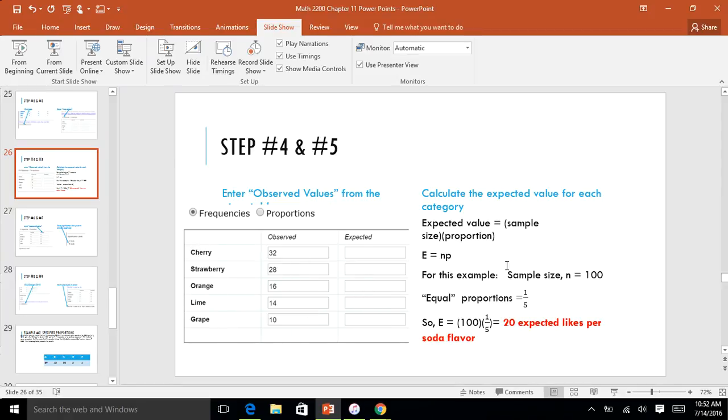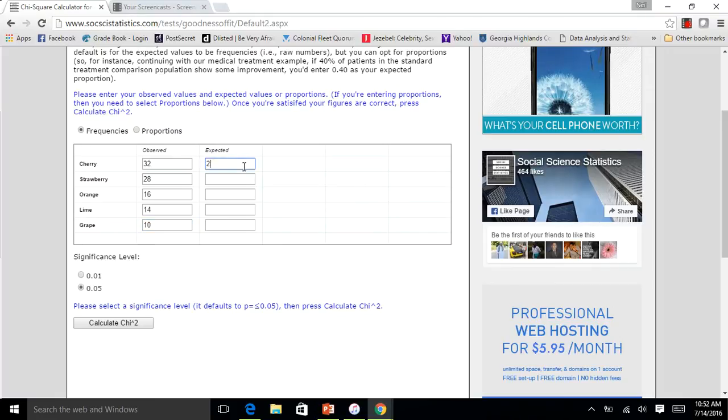And if you add all these up, you get 100. So 100 divided by 5, or 100 times 1 over 5, gives you 20. So my expected for each of these categories is 20. So all I do is I go back here and put 20, 20, 20, 20, and then 20.